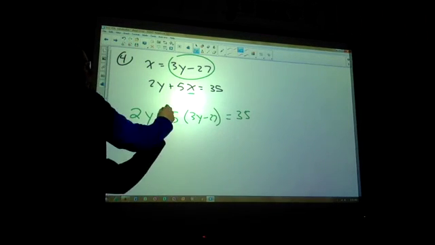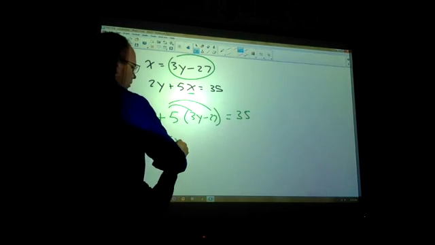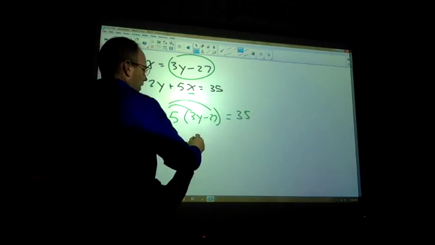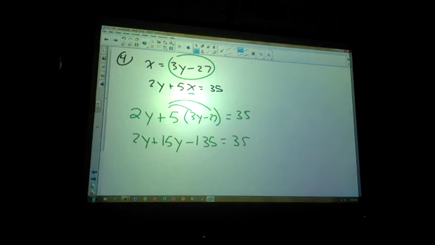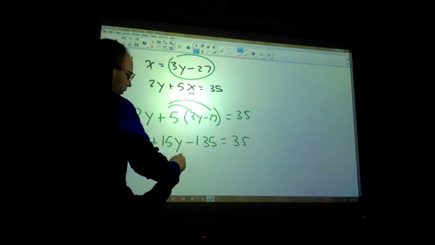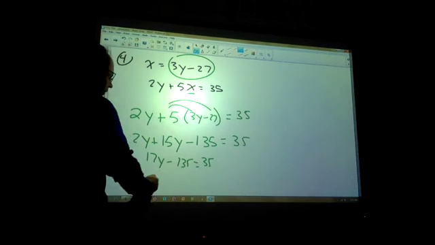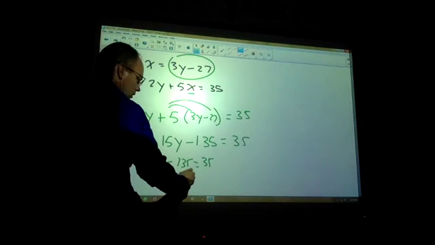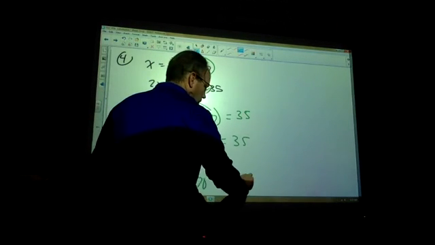Distribute here. 15y minus 135. Is that all right so far? Let's combine like terms. So that's 17y minus 135 equals 35. Add 135 to both sides. Is that 170? So we find that y equals 10.